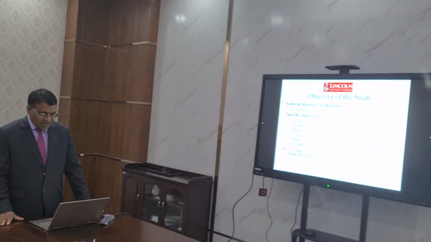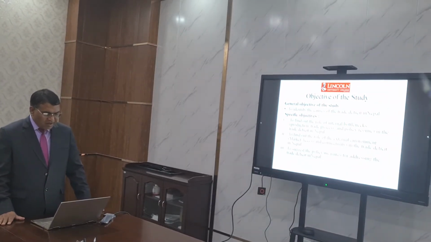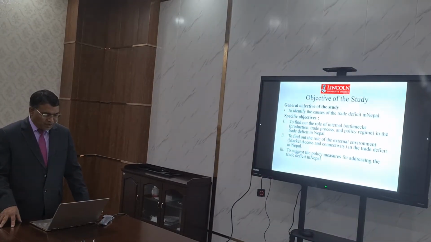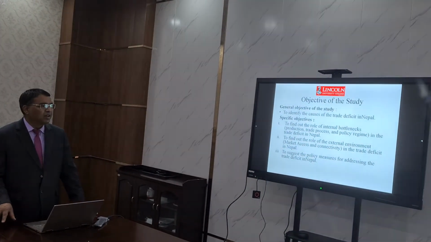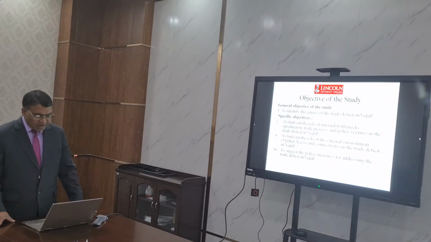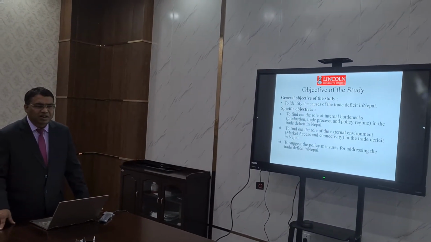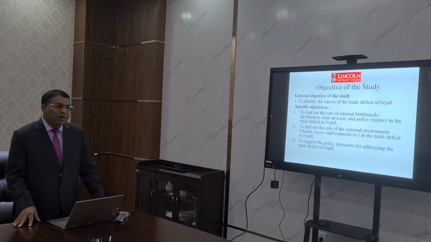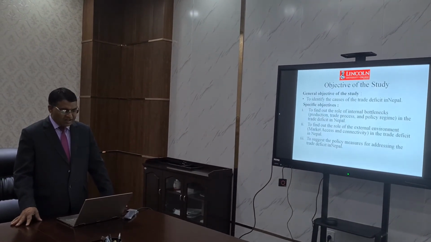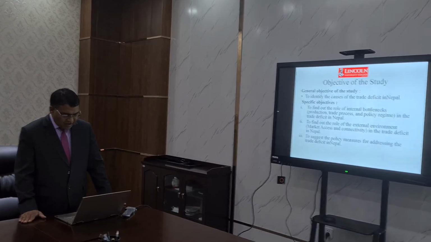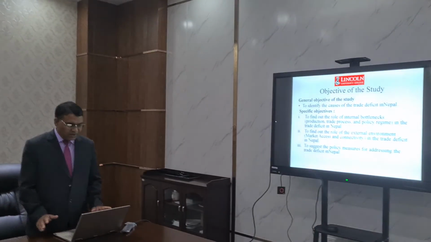Likewise, in the external environment, market access is important. The goods should be able to reach the distant market duty-free, quota-free, or with concessional customs duty, or normal customs duty, as the agreement between the countries provides.